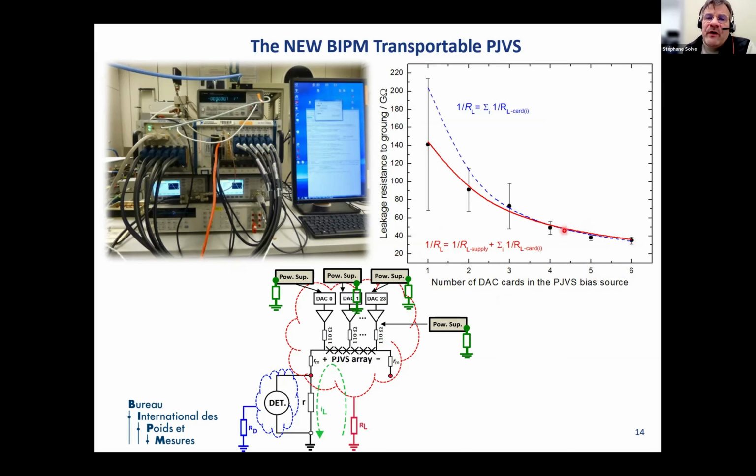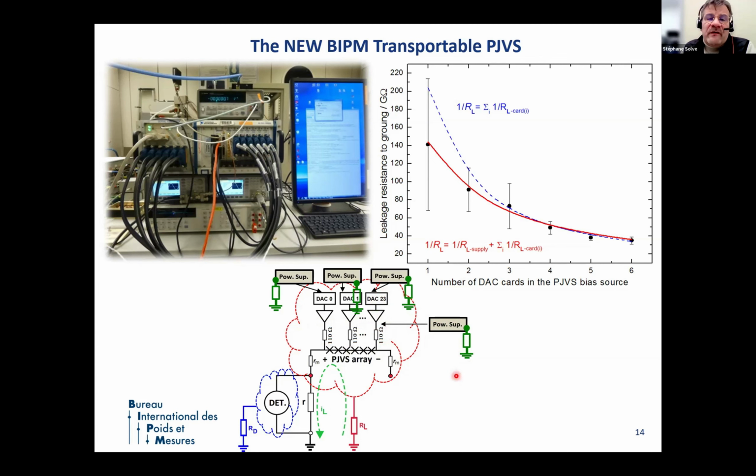But now, if you want to plot a model that will explain the evolution of the leakage resistance, if you take only the leakage resistance of each of the cards, the model will be the blue line here, and won't fit with the experimental data. To fit with the experimental data, you really have to add the leakage resistance of the power supply, which is used to power the electronics that will turn the voltage of the DACs into the current that will flow through the subarrays.